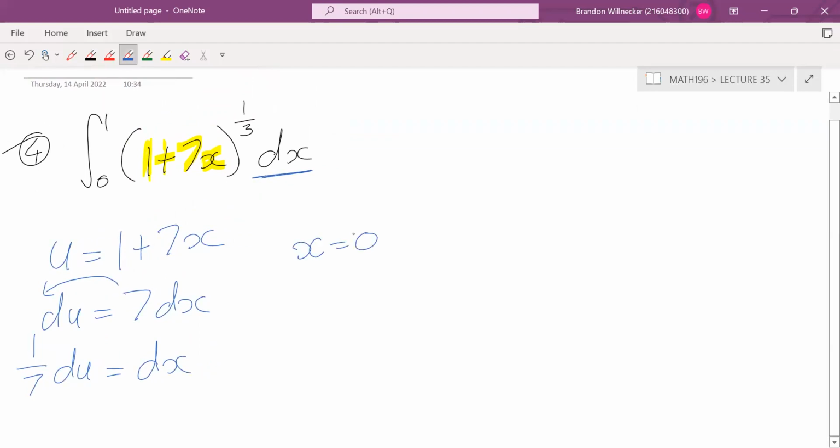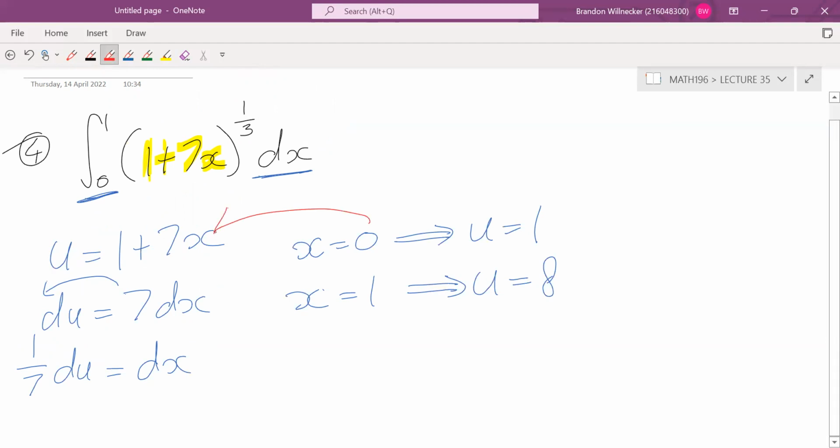So if x is equal to 0, that means u is equal to 1. If x is equal to 1, that means u is equal to 8. I've just substituted into here. So we've got ourselves the new lower bound, and we've got ourselves the new upper bound.